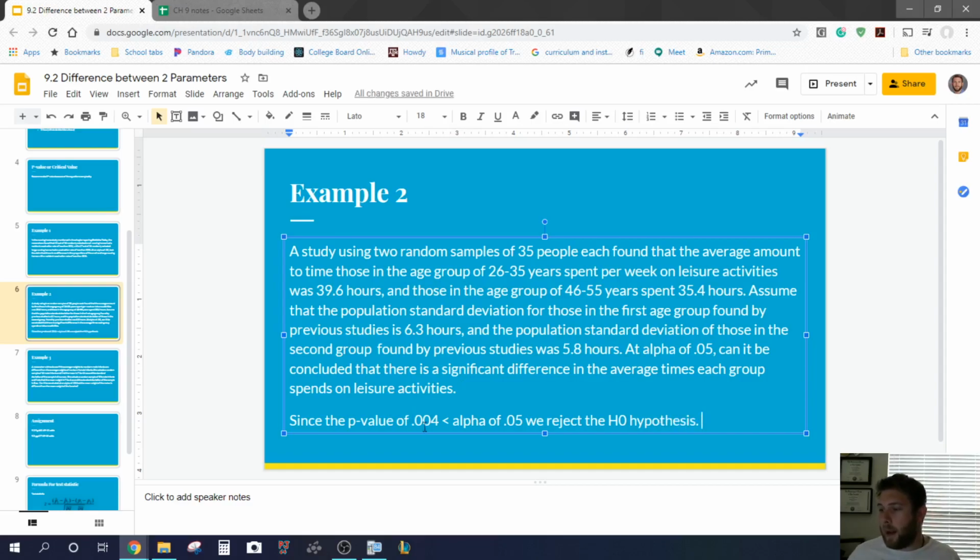Please make sure you actually put down the p-value and alpha. Otherwise, it's not technically correct.